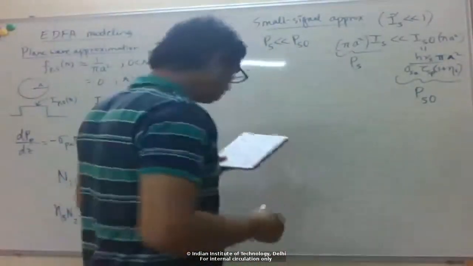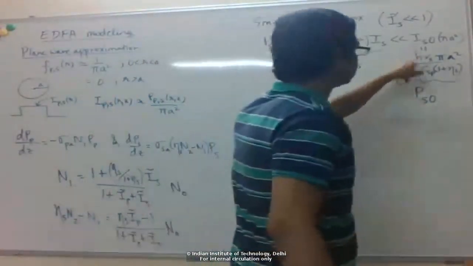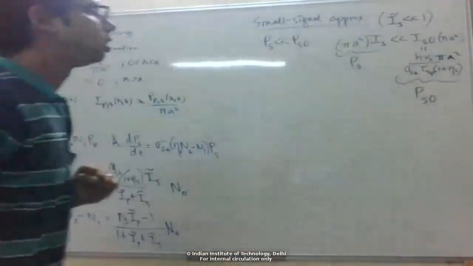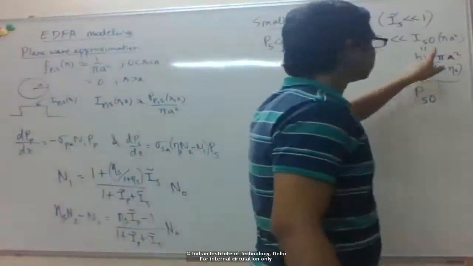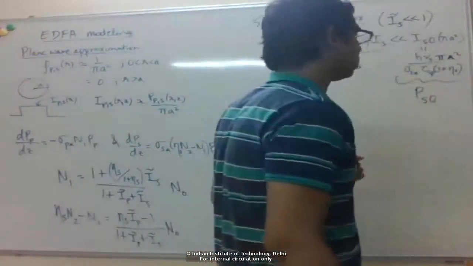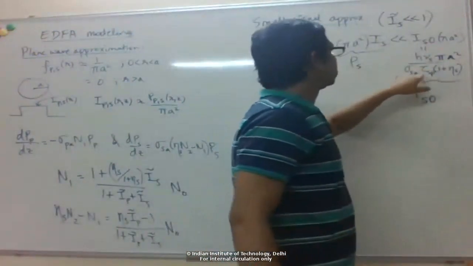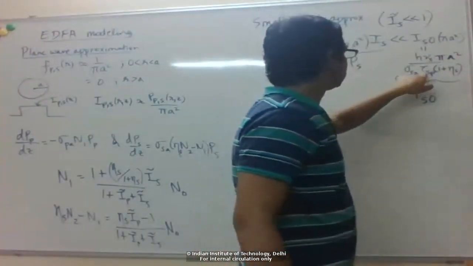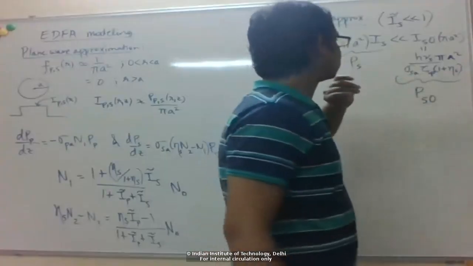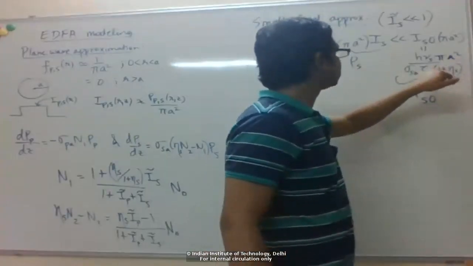If you again put typical numbers for a typical EDFA, signal wavelengths are in the 1530 to 1600 nanometer range. Absorption cross section is around 10 to the minus 25 meters squared. Lifetime is about 10 milliseconds. Eta is in the 1 to 2 range.